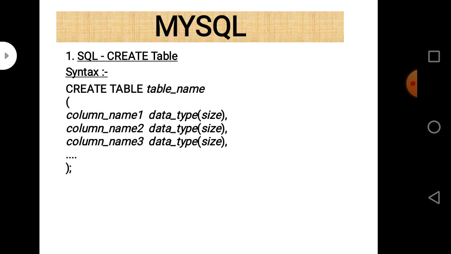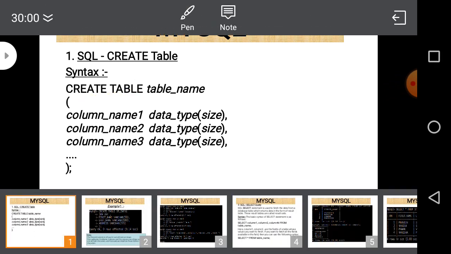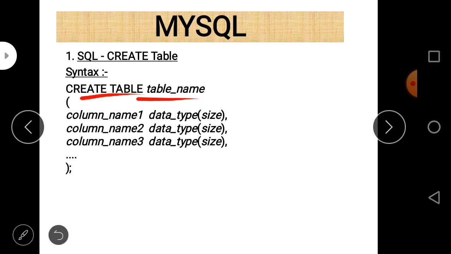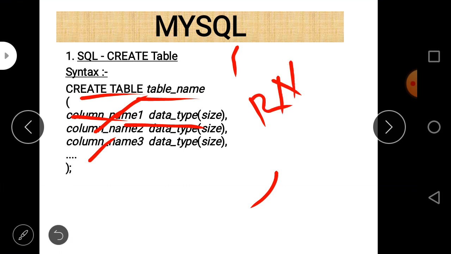So just write create table and then table name, and after that sign of parenthesis, and then column name and data type size. So different types of column names are there. You can give it as a name of identifier, whatever you write, just as a roll number. For roll number you can take RN. For name you can take student name, st name, or student underscore name.